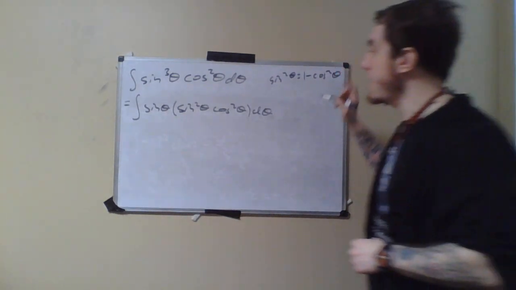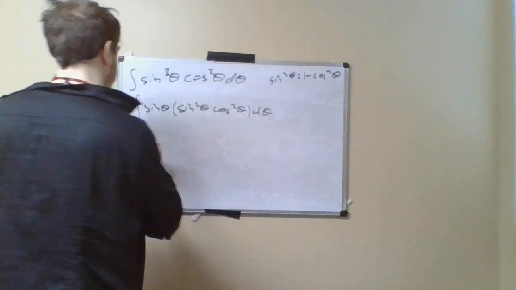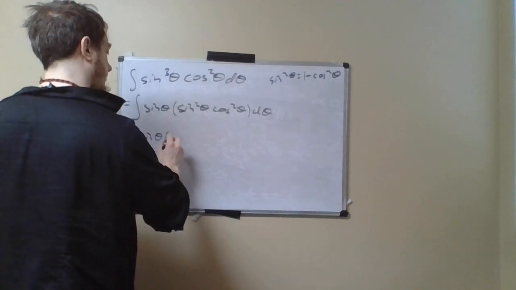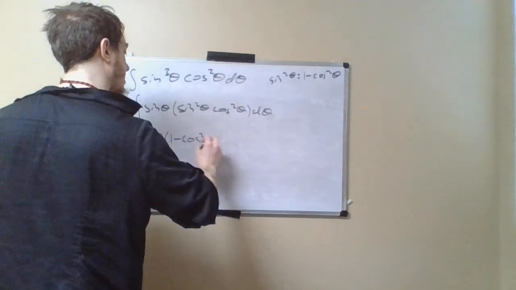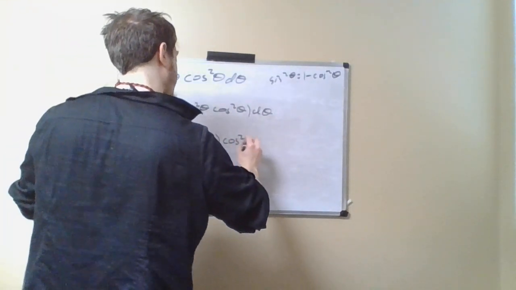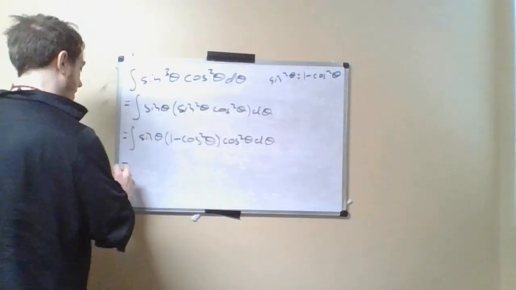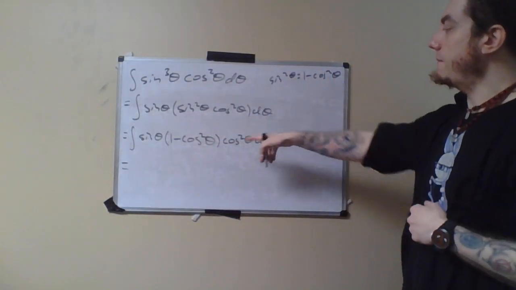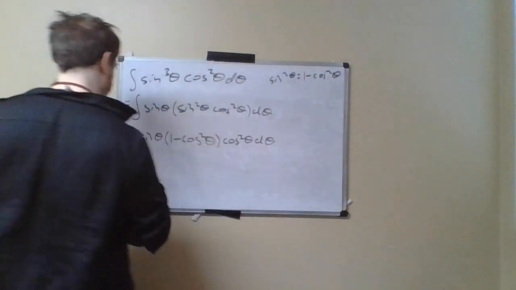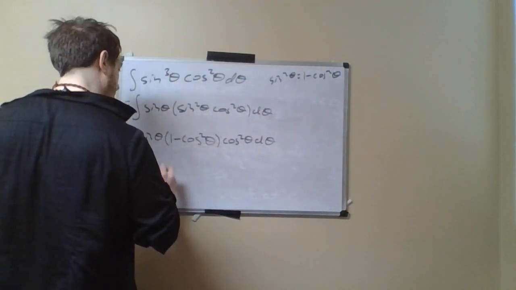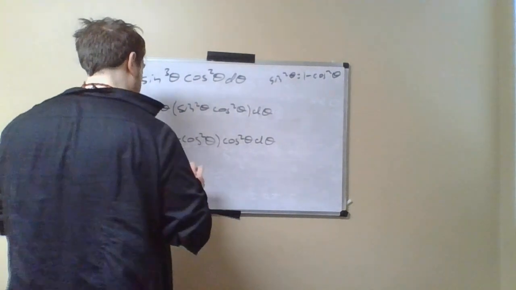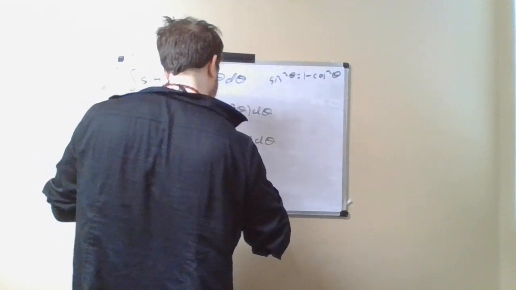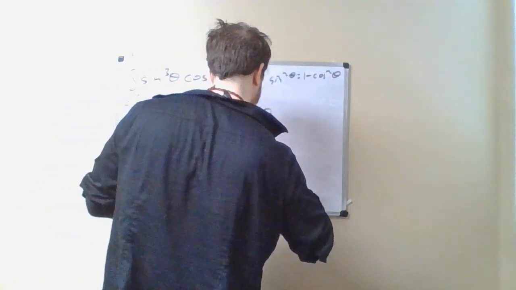That identity now allows me to rewrite this as the integral of sine theta times 1 minus cosine squared theta d theta. So now what can I do? Well, now I can rewrite this as the integral of sine theta cosine squared theta minus the integral of sine theta cosine to the fourth theta d theta.